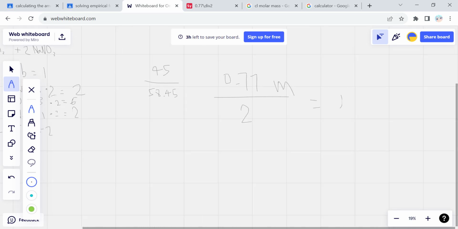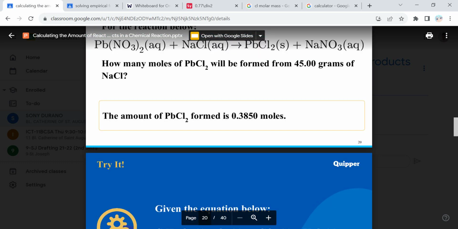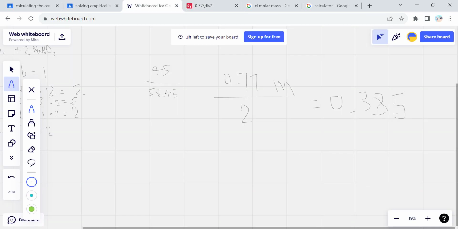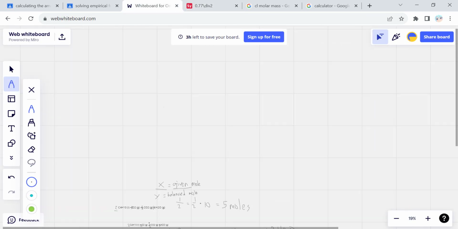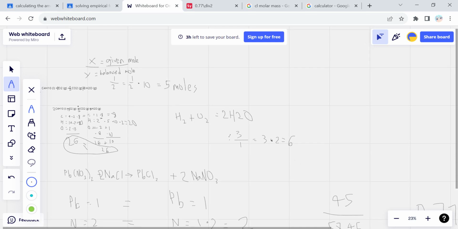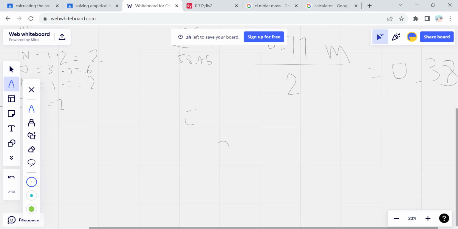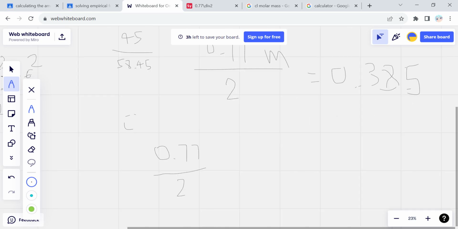0.385. As you can see, you have the same answer, 0.385. And to use my formula: the given mole divided by the balance mole. So the given mole is 0.77, divided by the balance mole, which is 2. Actually, this is what we're doing right now. 0.385.